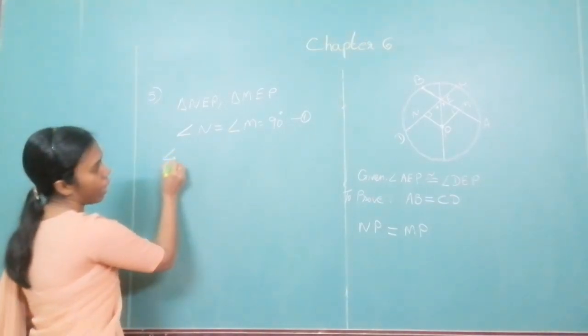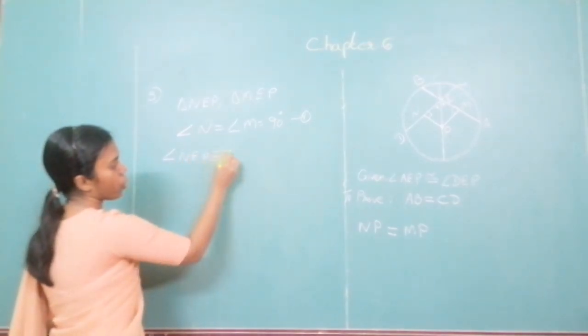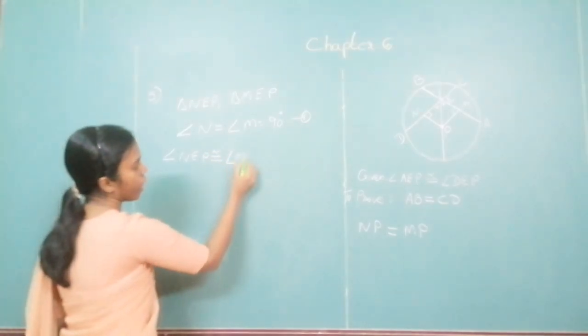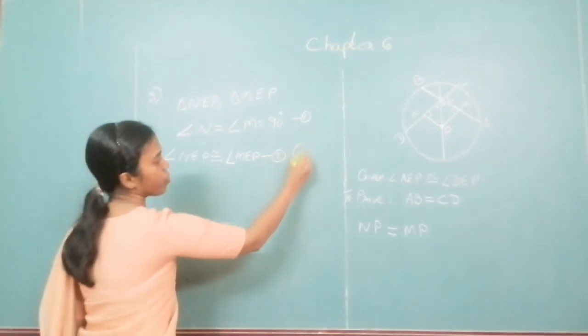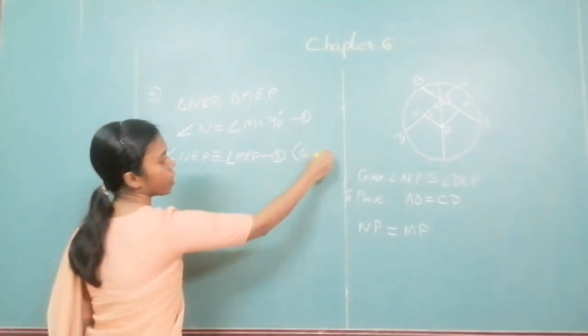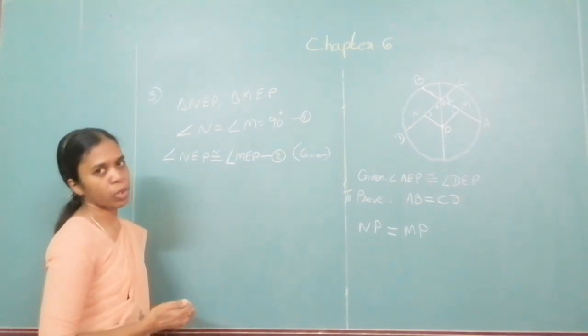So you write that angle NEP is congruent to angle MEP. It is given to you. It is told to you that they are congruent. Okay. What else can you say about the two triangles?